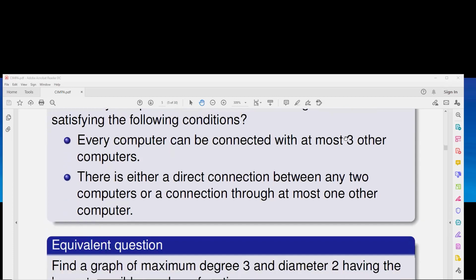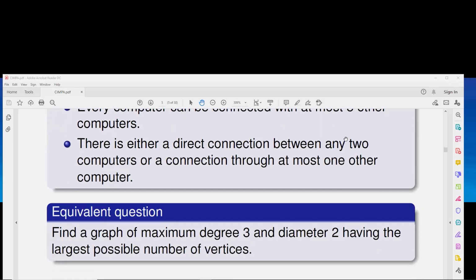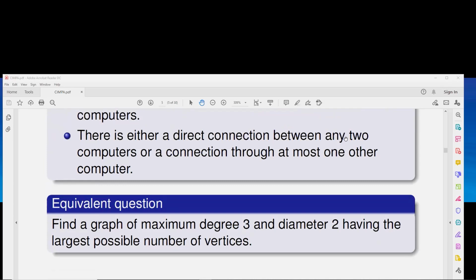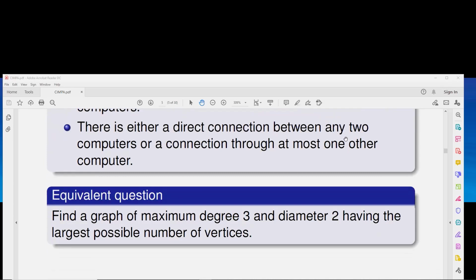Well, an equivalent question we could translate to graph theory: find a graph of maximum degree 3 and diameter 2, having the largest possible number of vertices. But why are we saying maximum degree 3 and not necessarily degree 3? Because every vertex has a different degree, and if you construct some graph, it's not necessarily possible to always have degree 3.